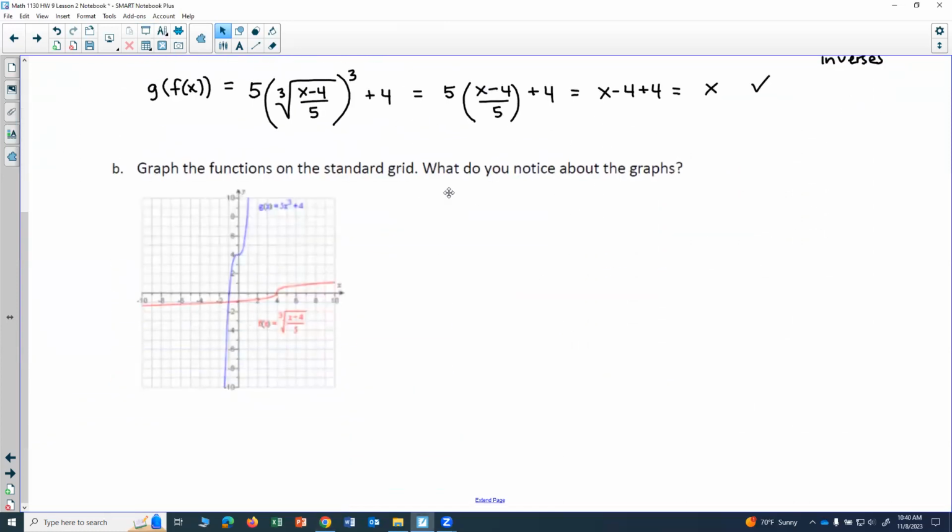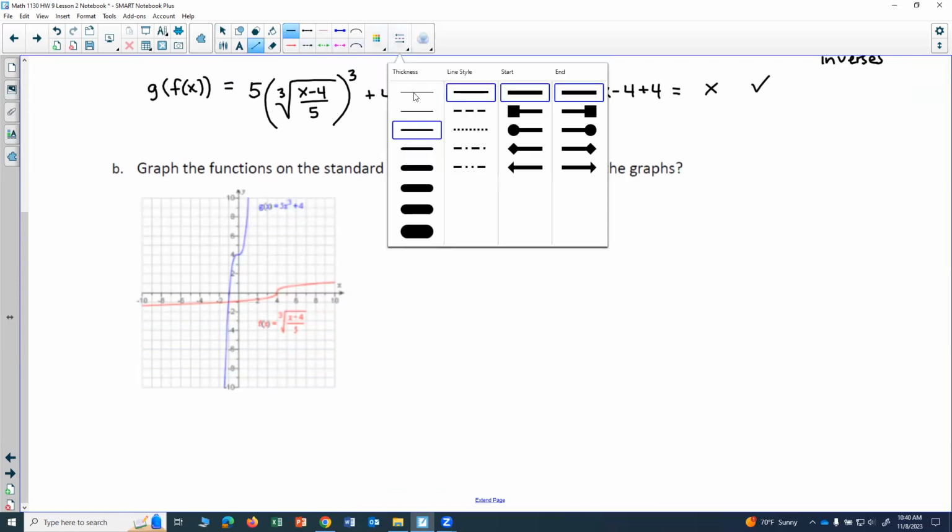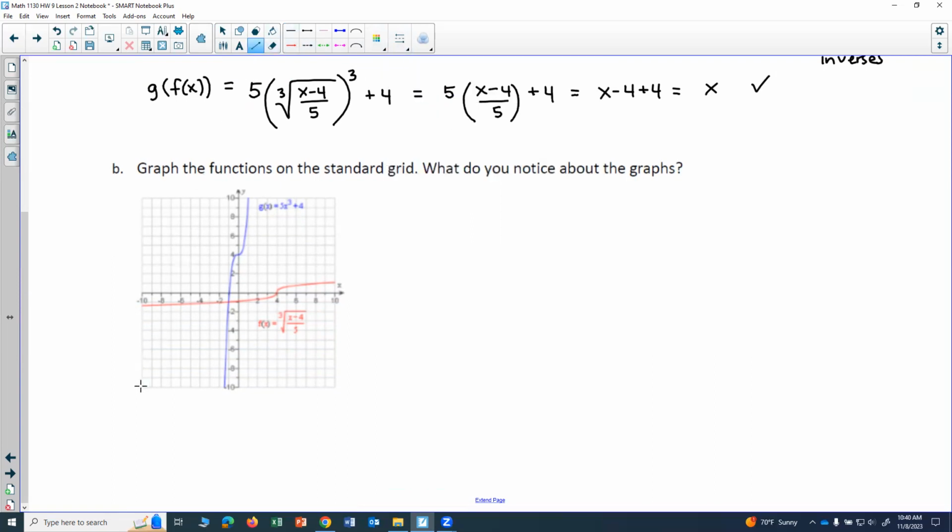So let me come back to here, and I'll go ahead and draw in that y equals x line, so that we can see it here. Okay, so here's the line y equals x.